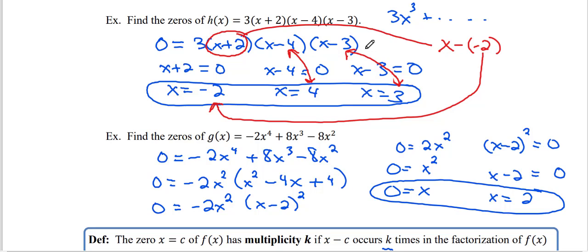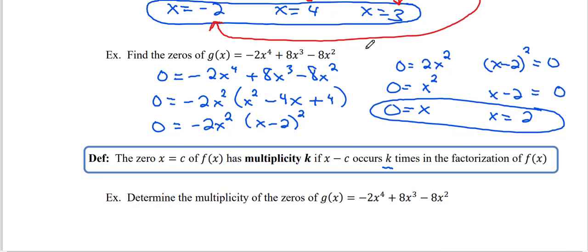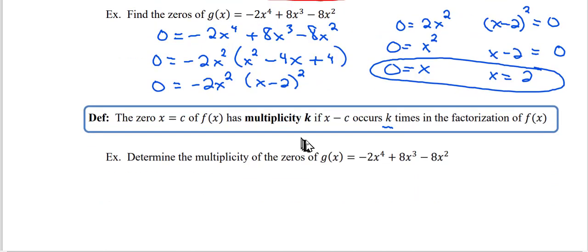So anything that has a linear factor of x minus that number is going to be a zero of our polynomial. So that x - c is going to occur when x = c is a zero. What we need to know, though, is how many times does the x - c actually happen?